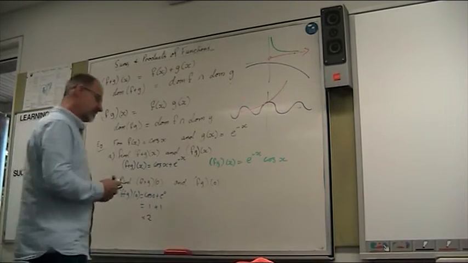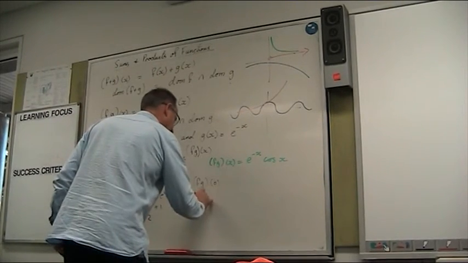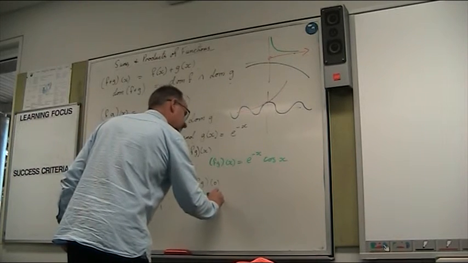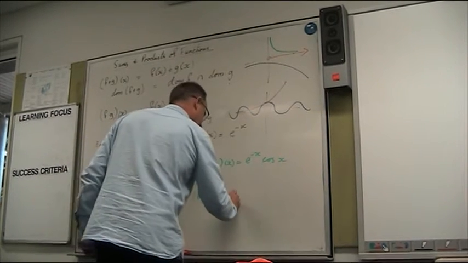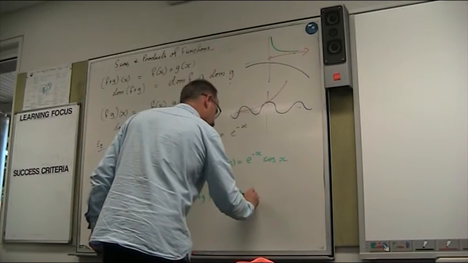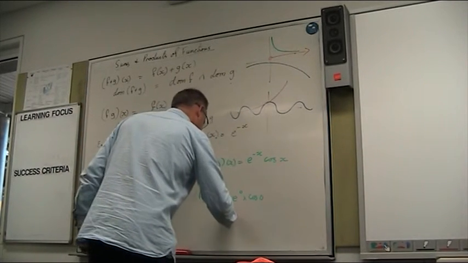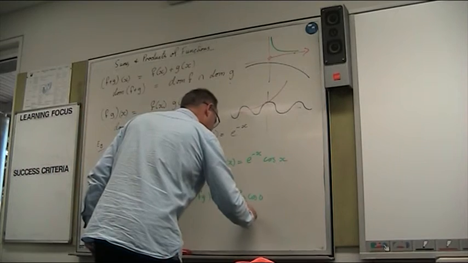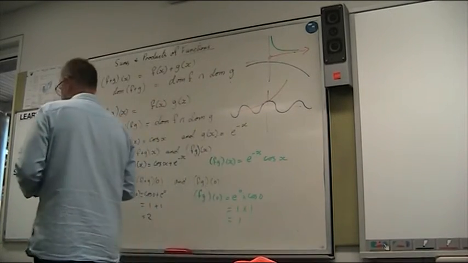And f times g of 0 is e to the 0 times cos of 0, which is 1 times 1, which is 1.